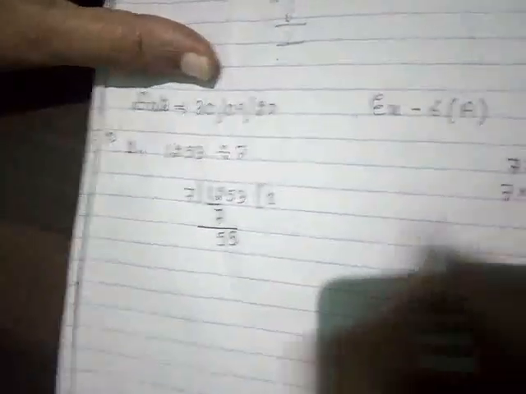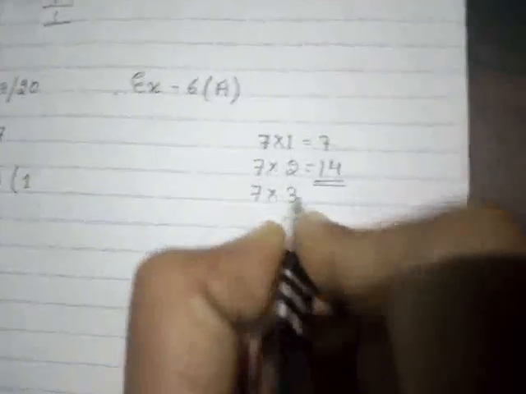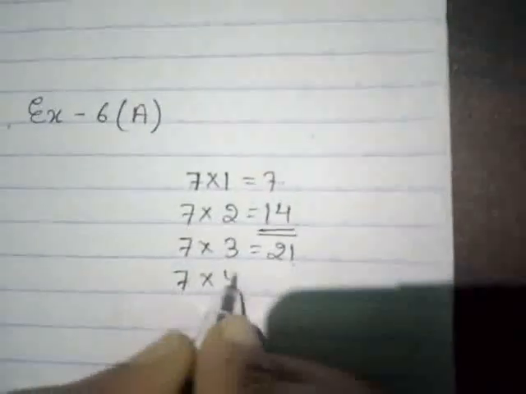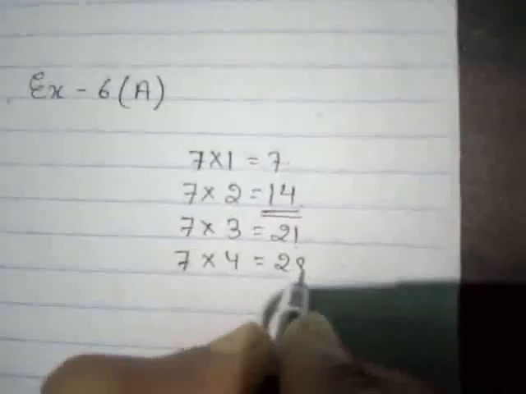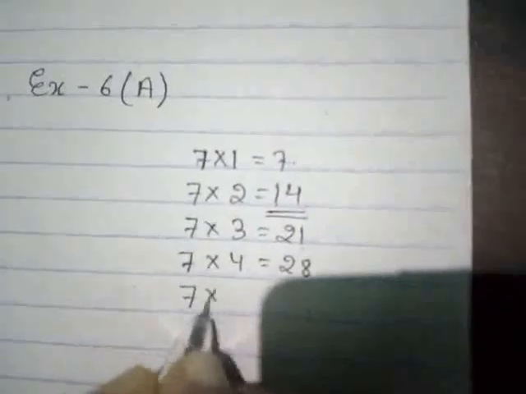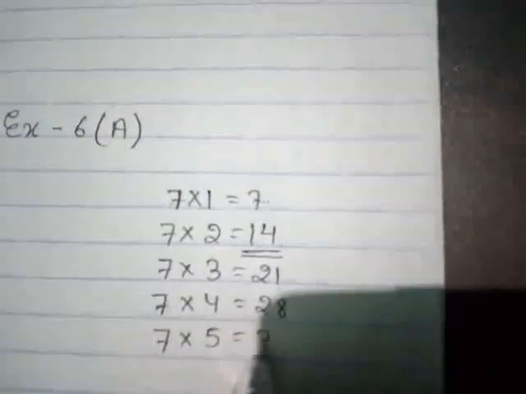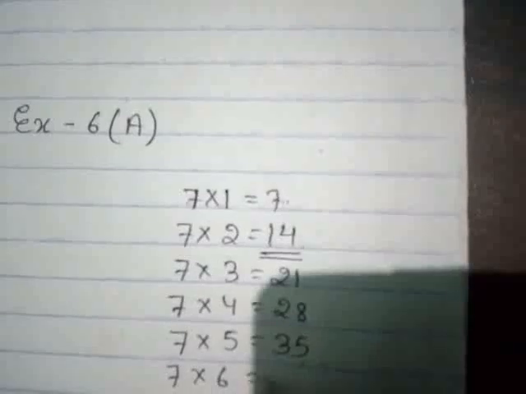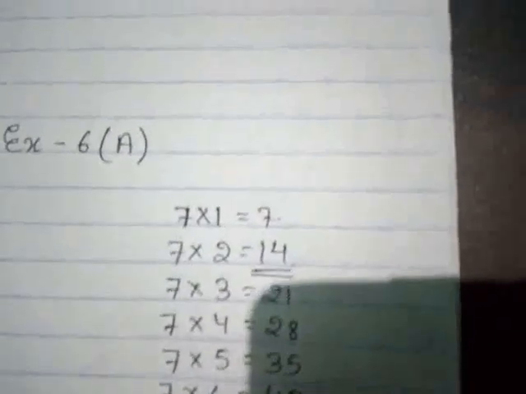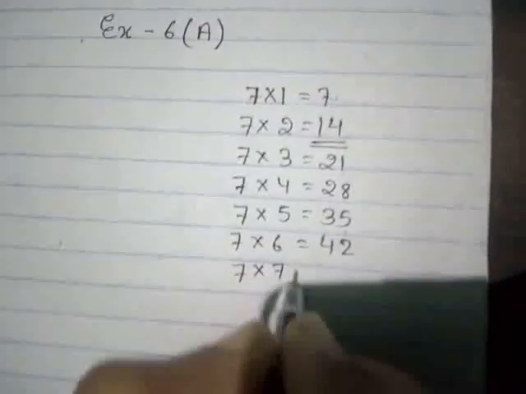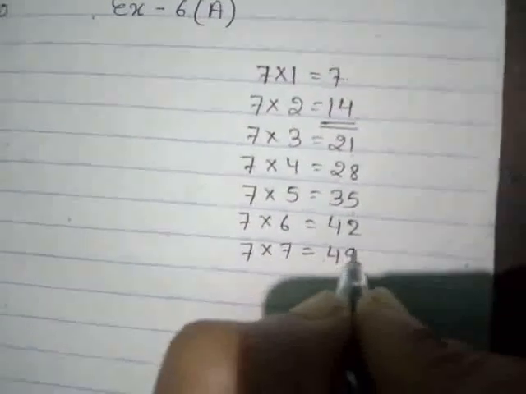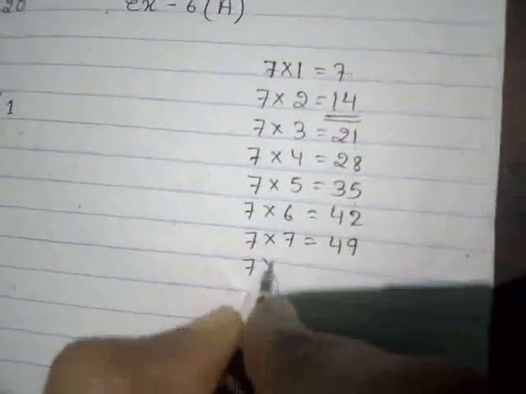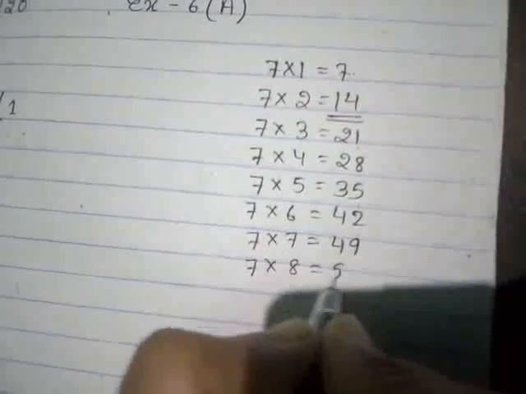Now we will recite the table of 7. So 7 threes are 21, 7 fours are 28, 7 fives are 35, 7 sixes are 42, 7 sevens are 49, 7 eights are 56.